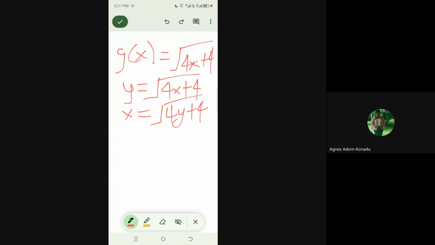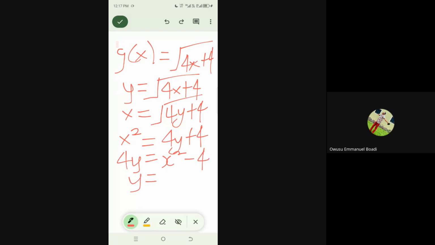We want to make y the subject. First, you square both sides, so you have x squared equal to 4y plus 4. Then you shift the 4 to the other side where x squared is, so you have x squared minus 4. You divide both sides by 4 and get x squared minus 4 divided by 4. Are we getting this?